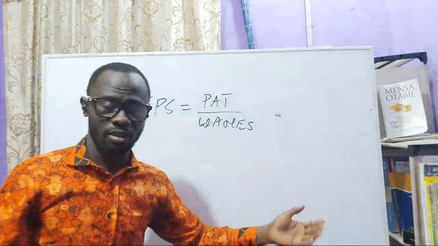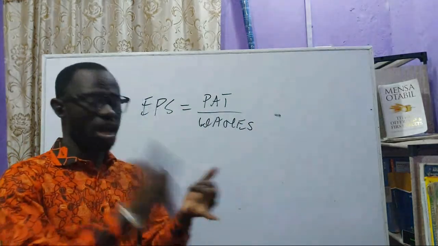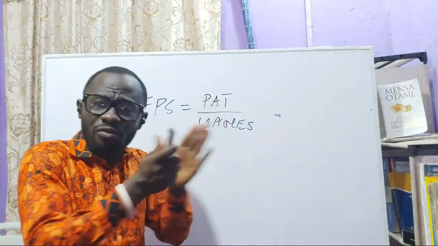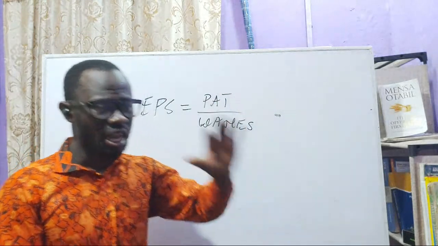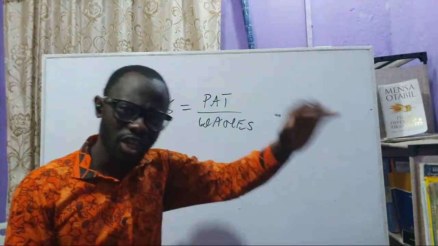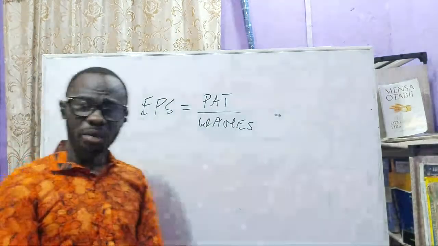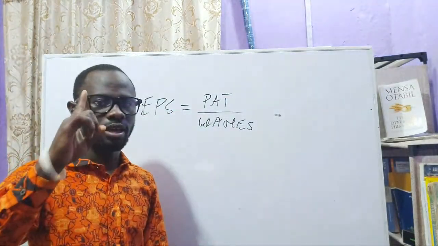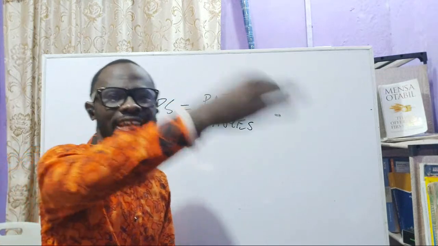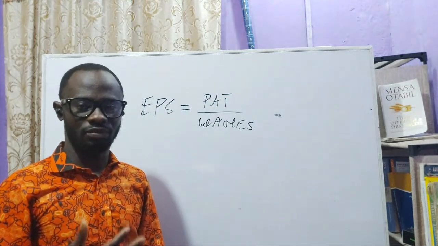So, for the year, after we pay interest, after we pay tax, the profit that is left is called profit attributable to equity shareholders. That profit attributable to equity shareholders divided by the number of shares the company has, that is what leads us to the earnings per share. Again, the higher the earnings per share, the better it is for the company.